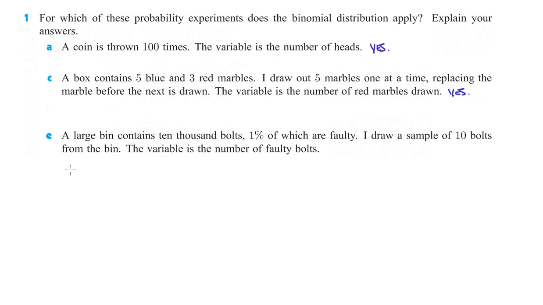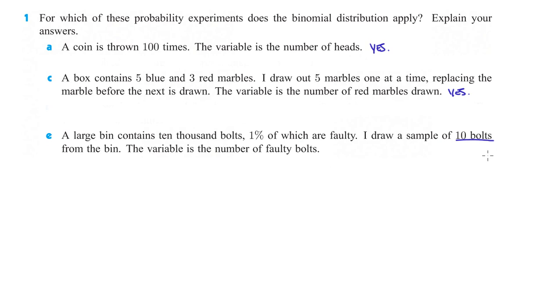Okay. And then E, a large bin contains 10,000 bolts, 1% of which are faulty. I draw a sample of 10 bolts from the bin. The variable is the number of faulty bolts. So you get two possible outcomes, either faulty or not faulty. The one problem with this is that you're drawing out a sample of 10 bolts, so you're taking out 10 at a time.